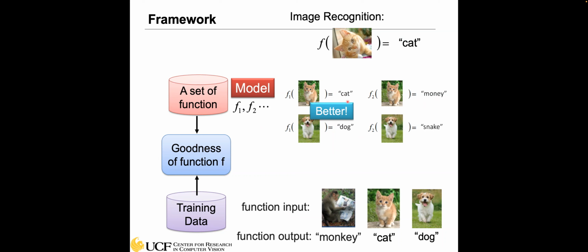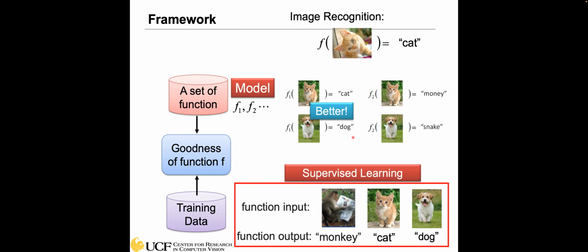So we consider F1 a better model because it predicts more training images correctly. Because we supply labeled data, with labels for each image, we have human supervision to supervise the machine learning model. That's what we call supervised learning.